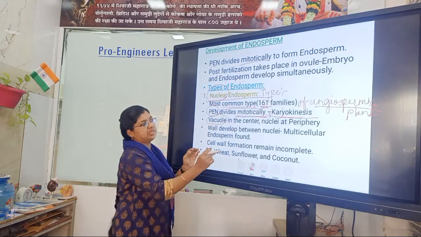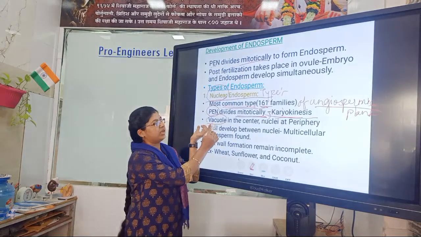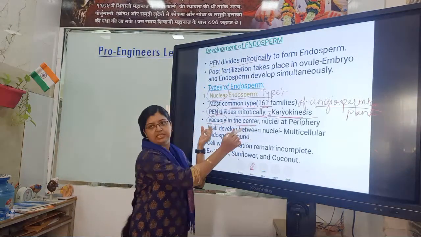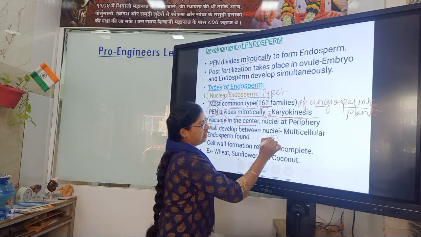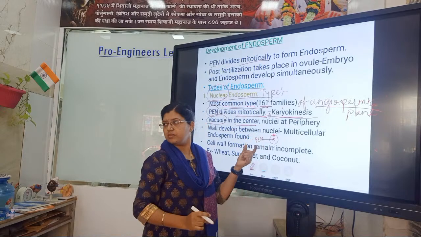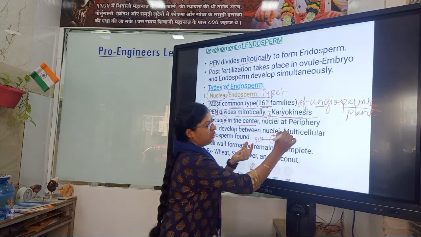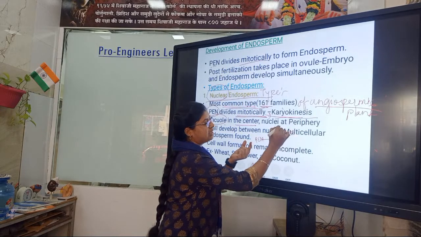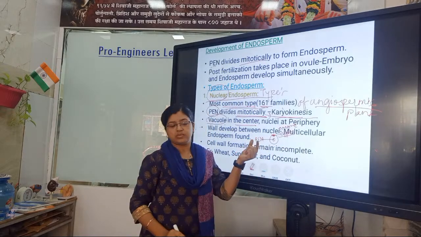Then what happens? The nucleus is divided, and a vacuole forms in the center. Suppose this is a PEN, and this is a zygote, or we also call it an oospore.